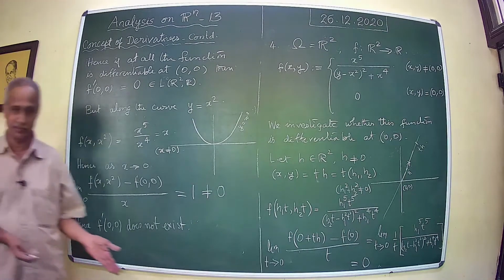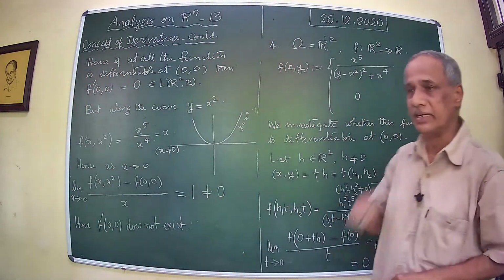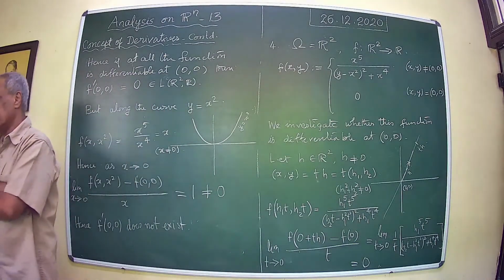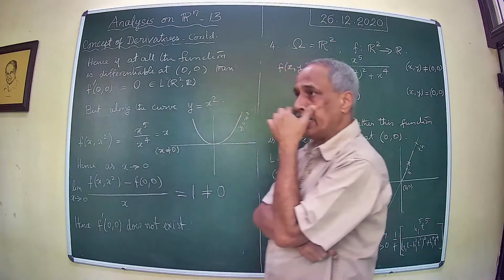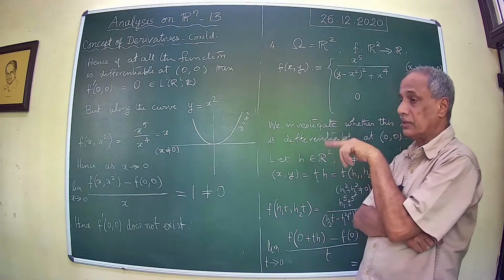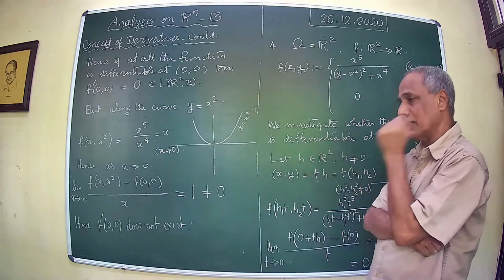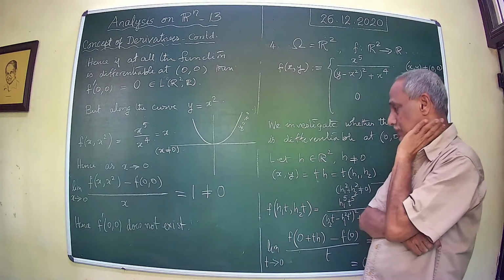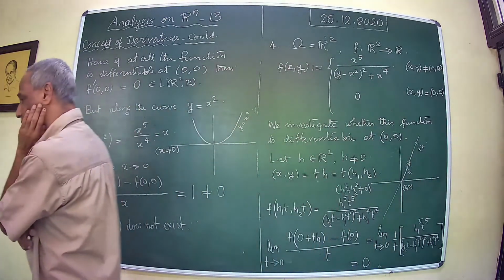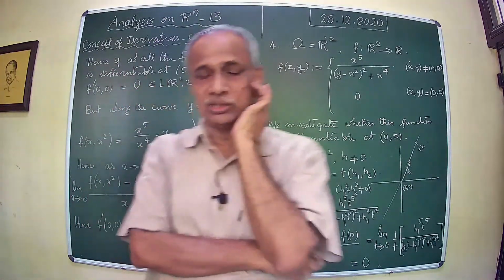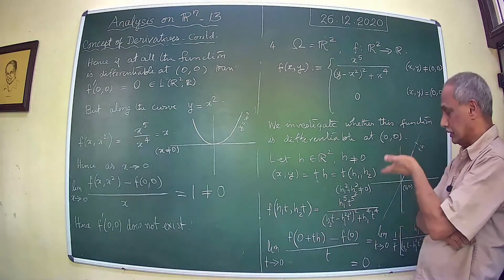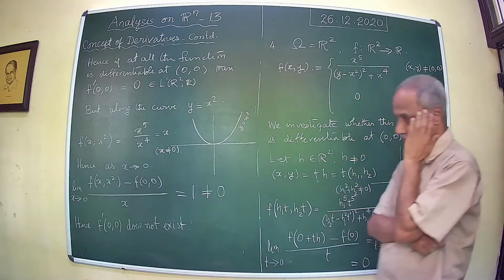And if it is differentiable in the sense in which we have defined the derivative, that is the derivative appearing as a linear transformation from R2 to R, then in that case it should be differentiable along all the paths that you can take through 0, 0. That is not happening. Okay?